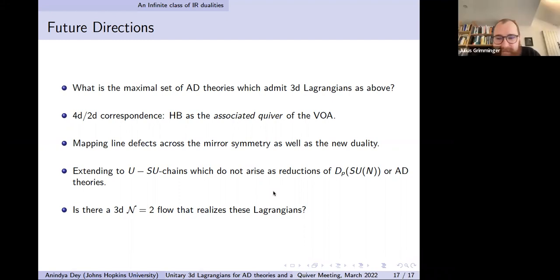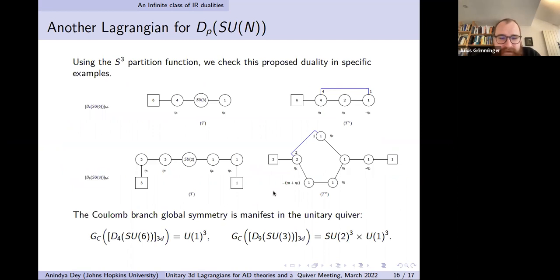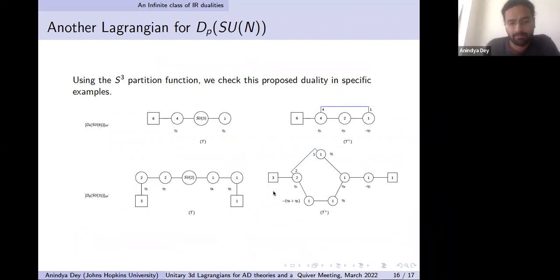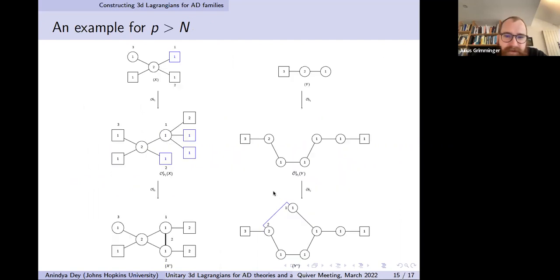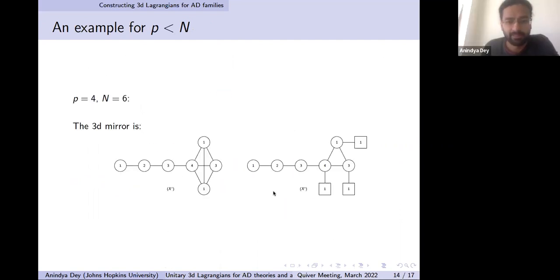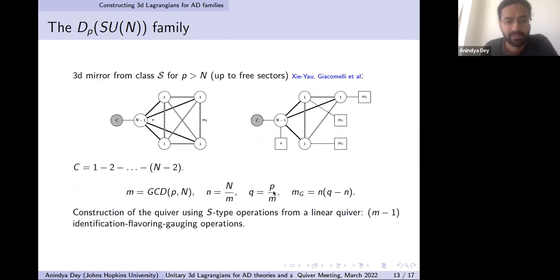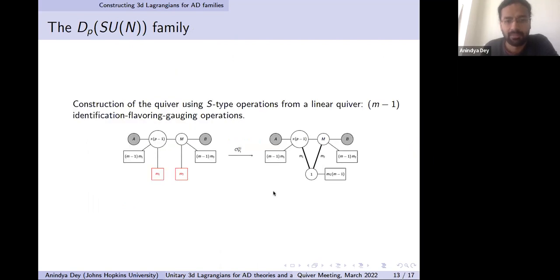Yeah, of course. So these dualities really look extremely powerful to produce 3D mirror pairs in general. How systematic can you be, like, how simple is it to do them for some crazy quivers? I mean, these S operations, I think you call them. Let's look at the generic things, like these guys, for example.